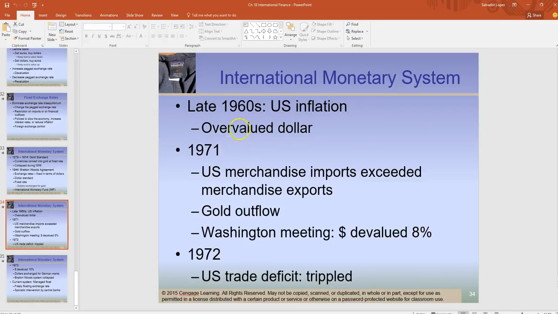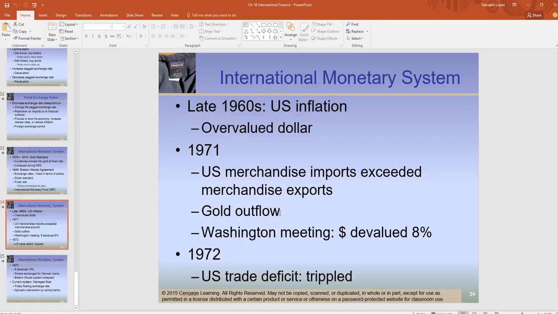However, in the late 1960s, the US experienced inflation and an overvalued dollar. In 1971, the US merchandise imports exceeded merchandise exports. So as a result, gold outflow occurred.